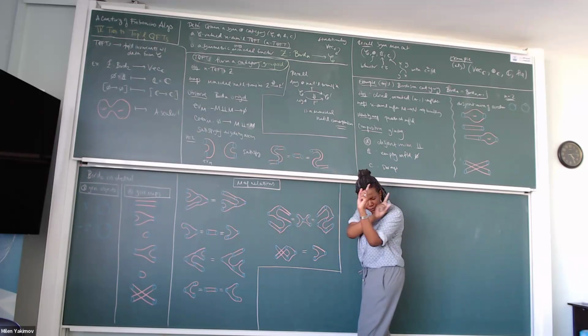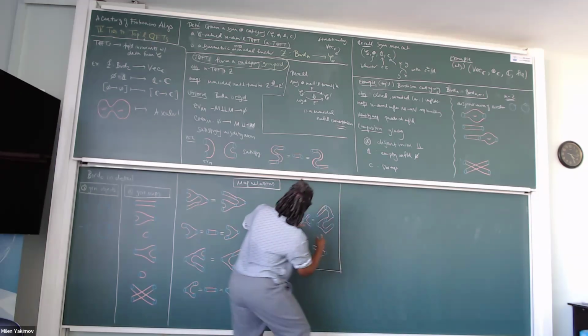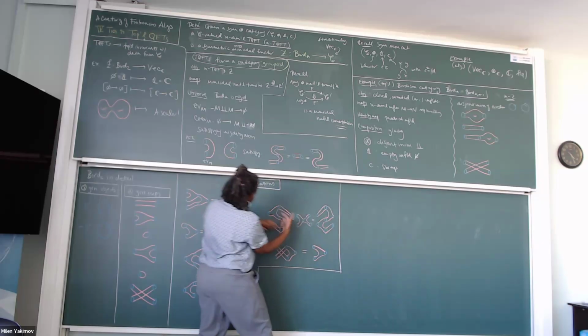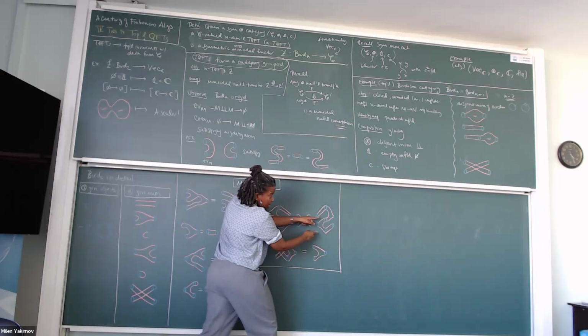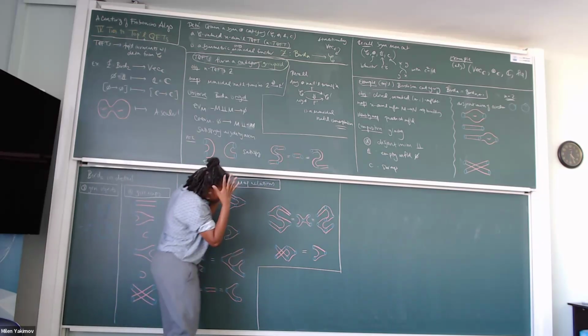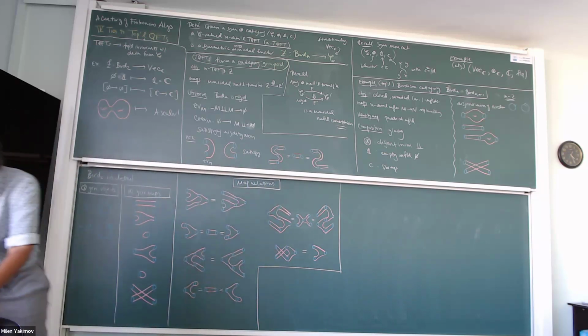So again, let's take our fingers, and what I can do is basically go like this, and in this picture, or I can go like this, and with this picture. These should look familiar, by the way. And then we also have this relation.